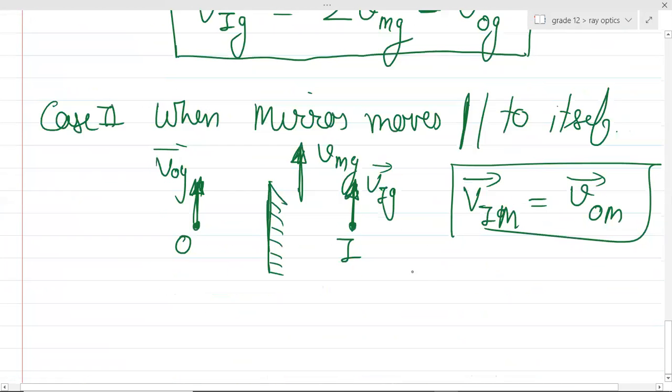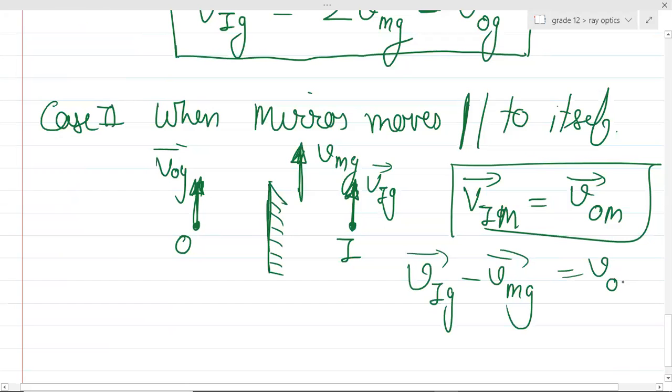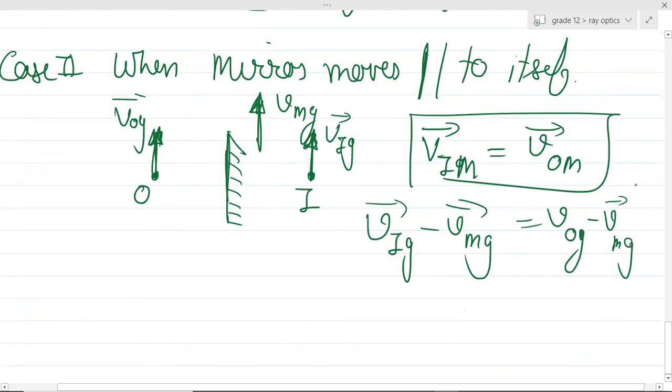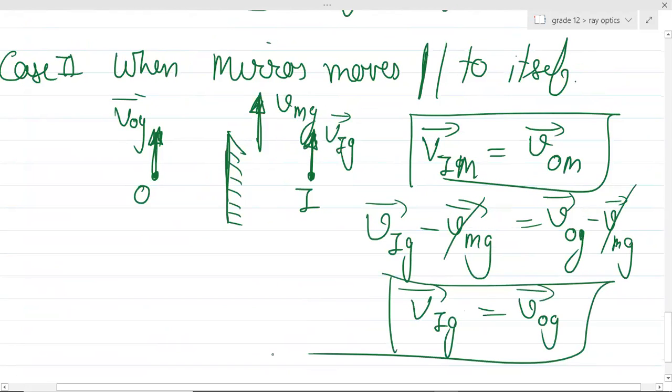So when you solve this, this will be velocity of image with respect to ground minus mirror with respect to ground, and velocity of object with respect to ground minus velocity of mirror with respect to ground. So can you see, everything will cancel out from both sides, and again the velocity of image with respect to ground is equal to velocity of object with respect to ground. So basically there will be no effect of the mirror moving parallel to itself.